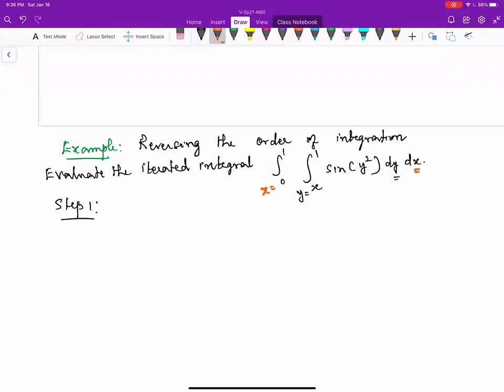You notice that the x limits are definite, 0 to 1, but the y limits are not. The y limits are from x to 1, so the lower limit is not a number.